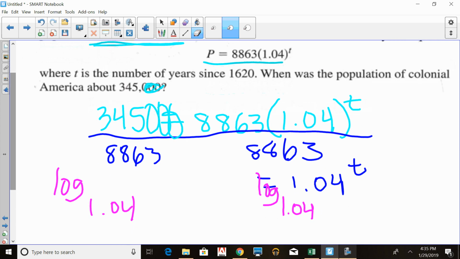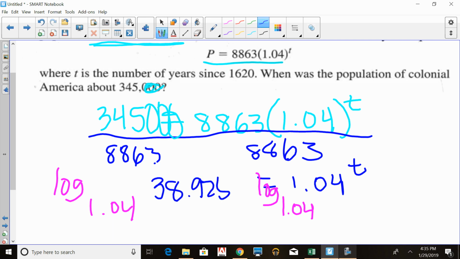So 345,000 divided by 8863 is 38.925 and so on and so forth.